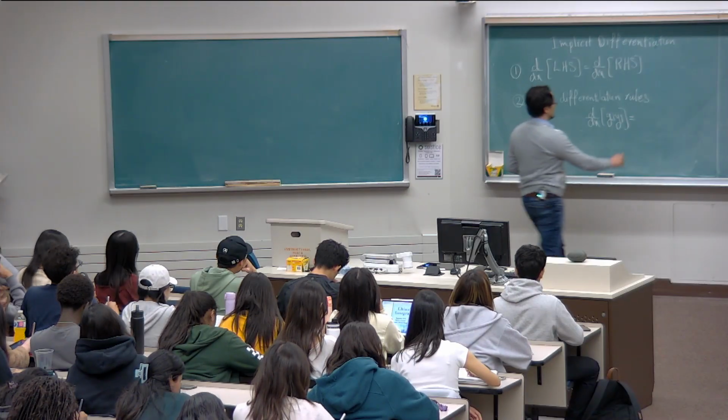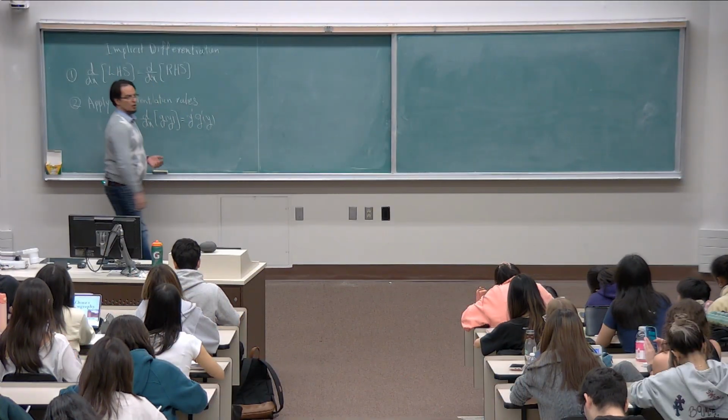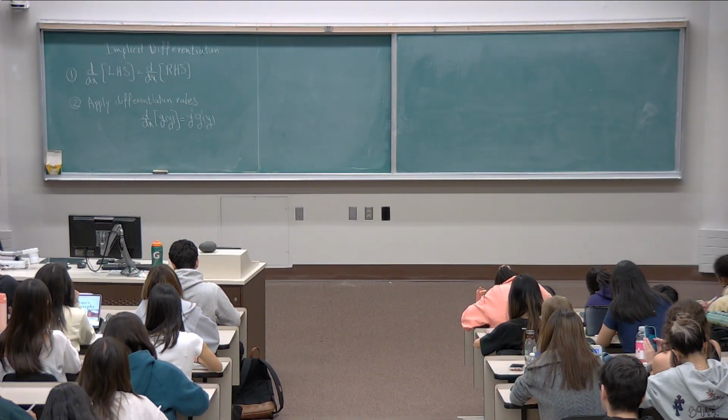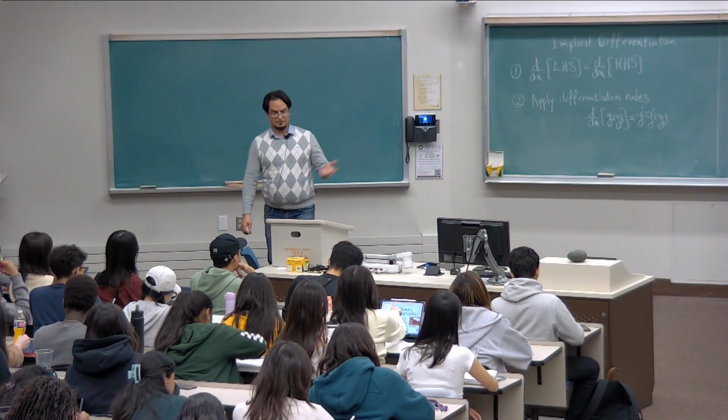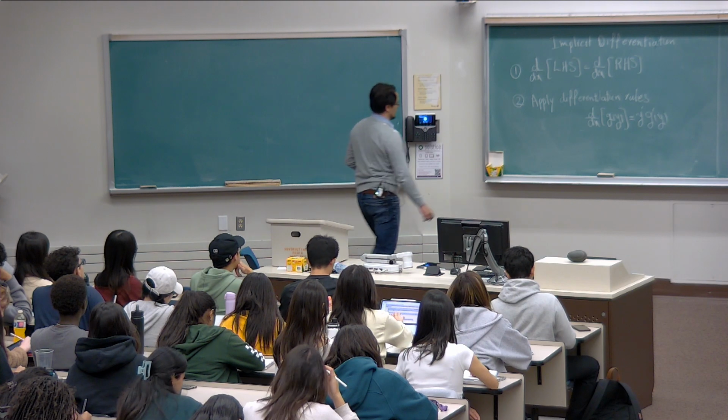So you cannot just say this is g prime of y. You have to multiply everything by y prime. And that step is very important. That's how you get the correct differentiation here.